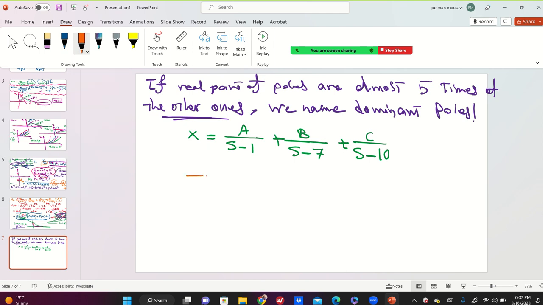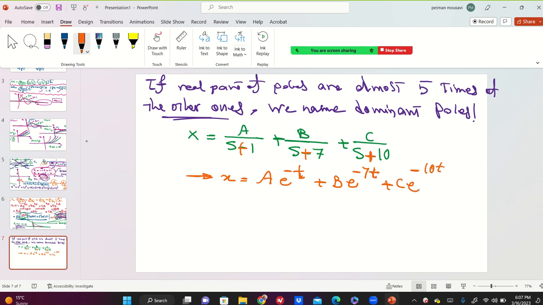Because at the end, when you come to time, it's going to be A e to the minus t, plus B e to the minus 7t plus C e to the minus 10t.